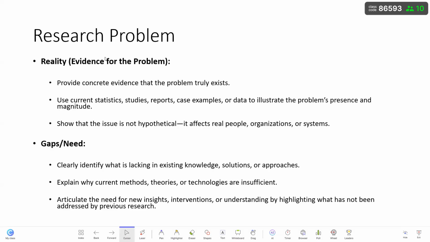And you can use current statistics, studies, reports, case examples, or data to illustrate the problem's existence and its magnitude or gravity. So show that the issue is not hypothetical.